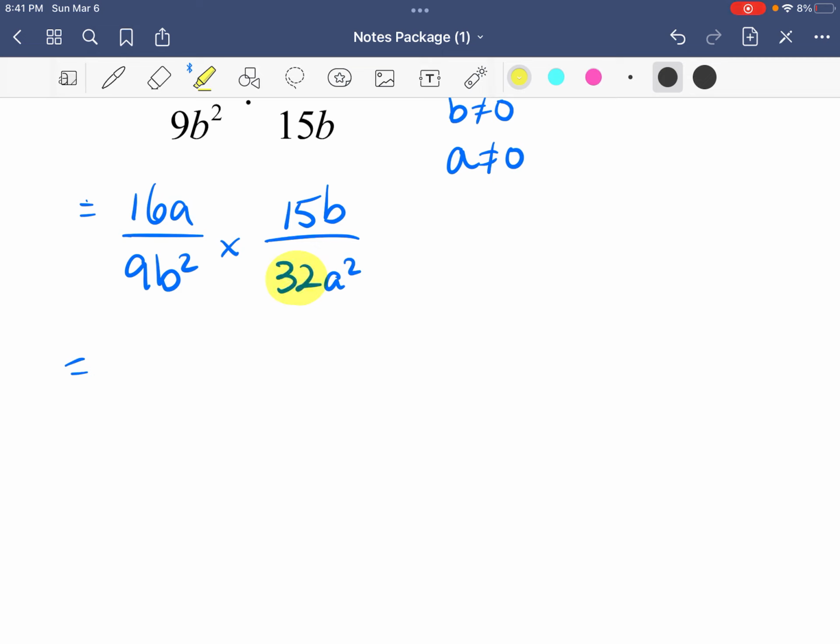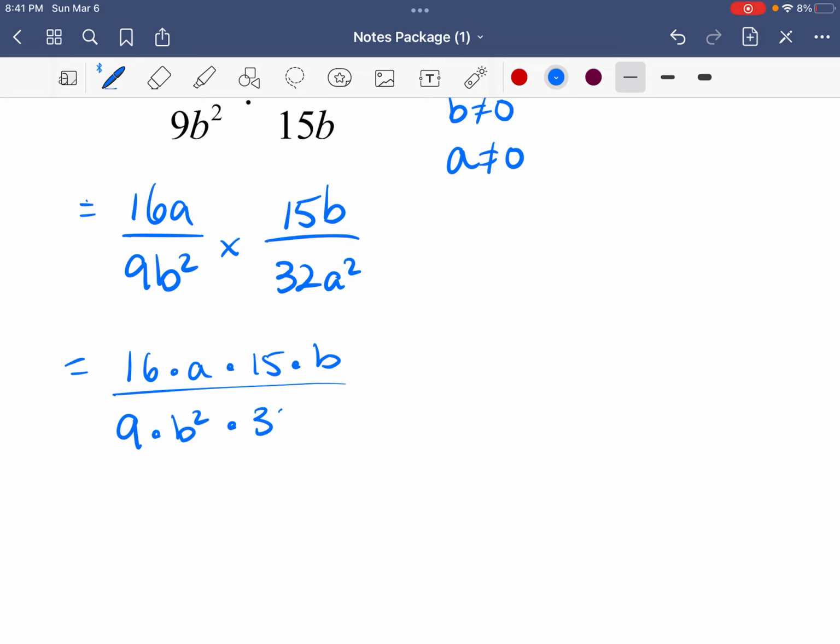Now let's go ahead and try and simplify some stuff here. I know that 32 is 2 times 16. So let's keep that in mind. What's going to happen is we get 16 multiplied by a multiplied by 15 multiplied by b. That's our numerator. Then we get 9 multiplied by b squared multiplied by 32 multiplied by a squared in our denominator. So 16 and 32 are going to simplify.